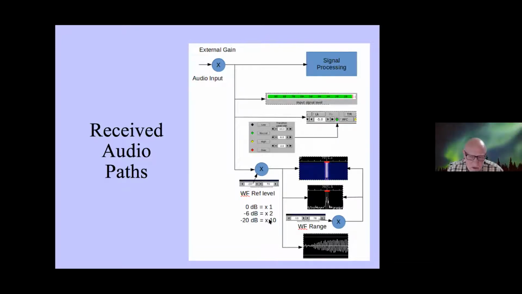Fldigi can display the signal in three ways: the waterfall, a fast Fourier transform, or a signal spread, and actually something which looks like a small oscilloscope to look at what the actual signal looks like. Keep in mind that every time you change either one of these by a factor of 6 dB, that's effectively a change of gain by 2, and a 20 dB change is a gain of 10.